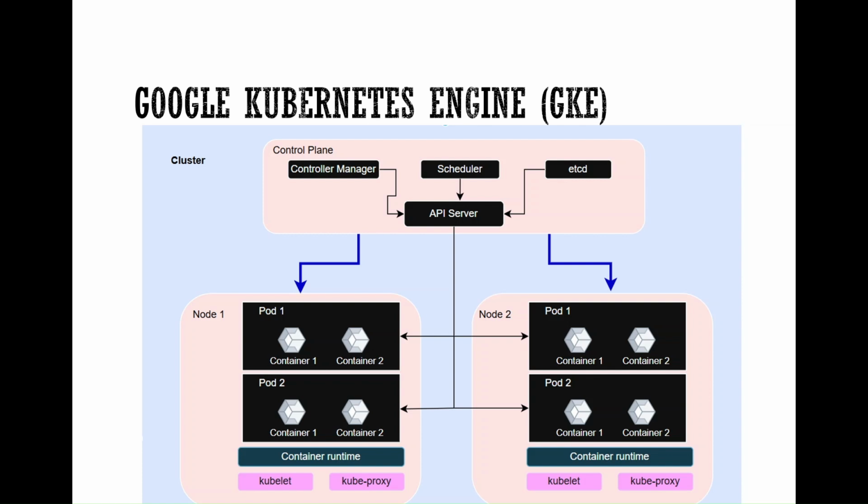So again, a pod is where our containers will run, and there can be pod 1, pod 2, can be 4 pods, can be 5 pods. Each pod has its own network and IP, shared by its containers, so that they can communicate with each other efficiently.